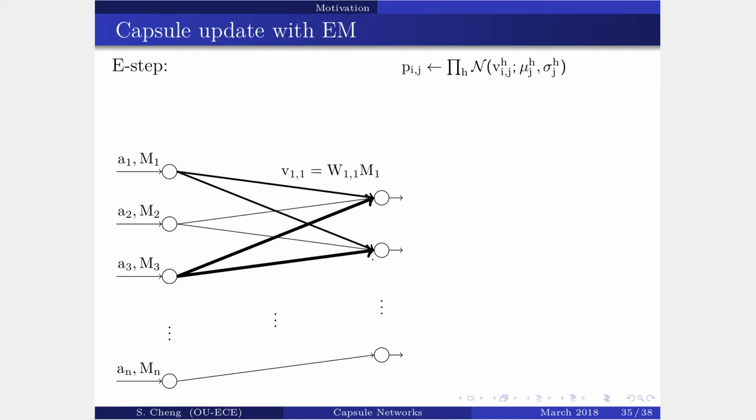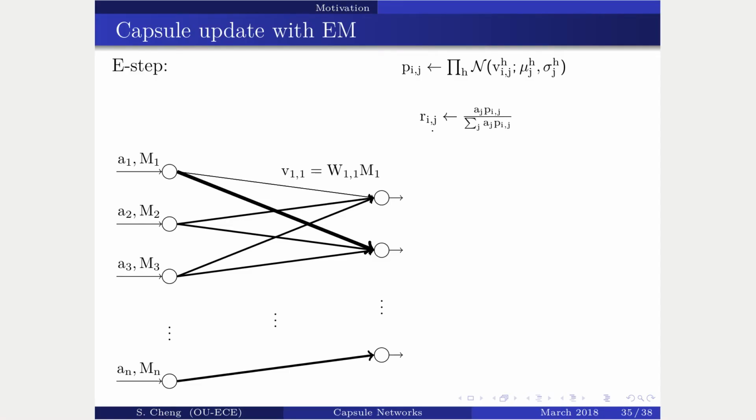Then in the E step, now we need to re-estimate the assigning probability. So basically for each of the Vij, with the current estimated mean and variances, we'll just compute the probability of having Vij happen, and then we'll compute the product of all these probabilities over all the poses.